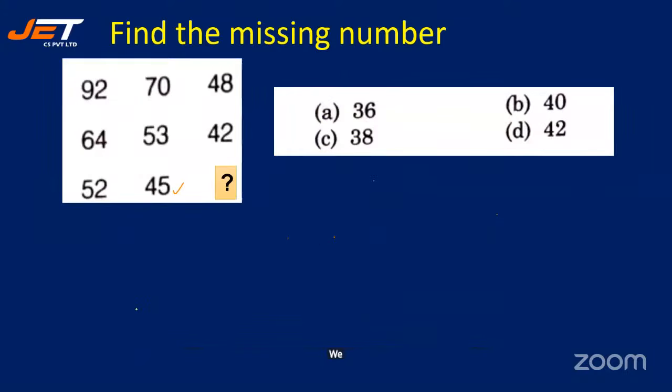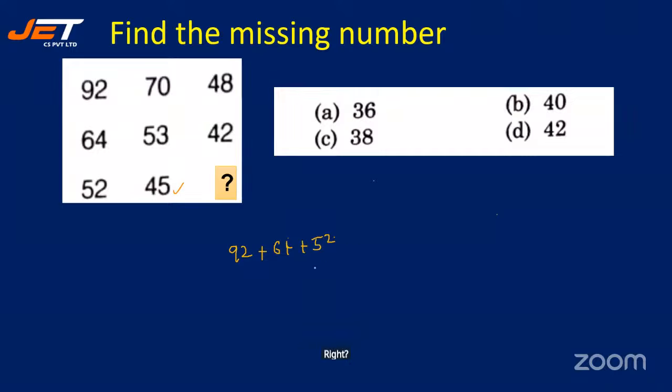We have 92, 70, 48, 64, 53, 42, 52, 45 and a blank. So let's try this. 92 plus 64 plus 52. Right?